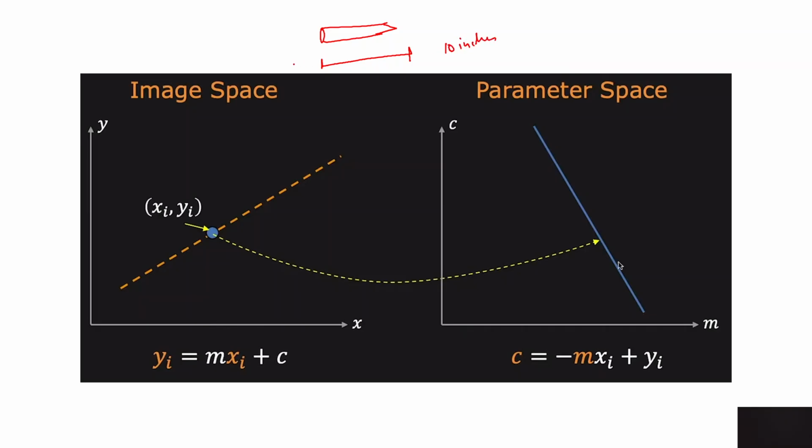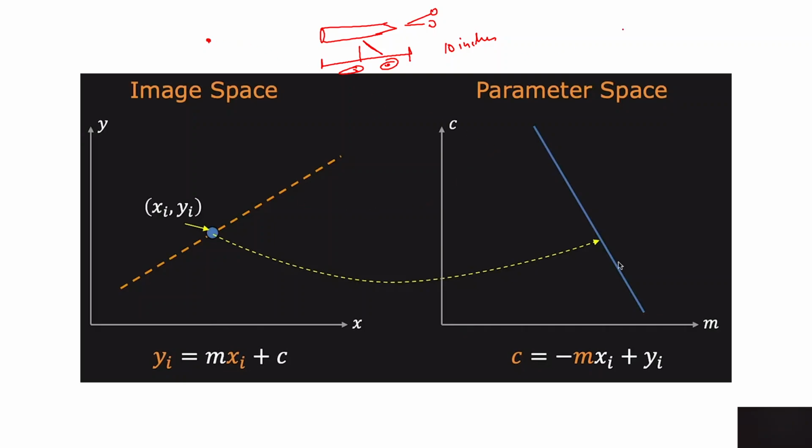Now, this is our view. Our eyes are looking at it from this view. But what if we look at it from this view? If we are seeing this from this view, you will be able to see a point, right? You will be able to see a point.